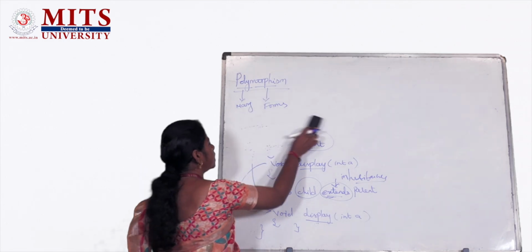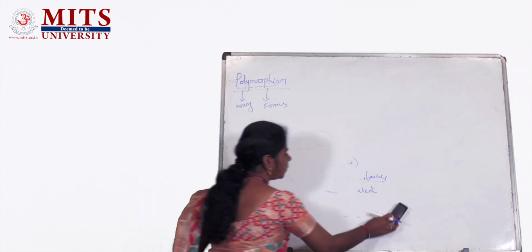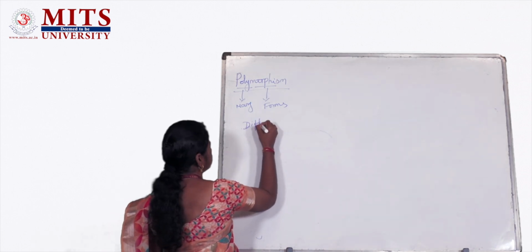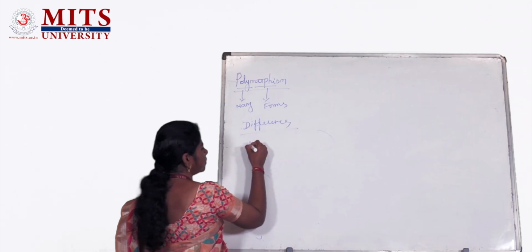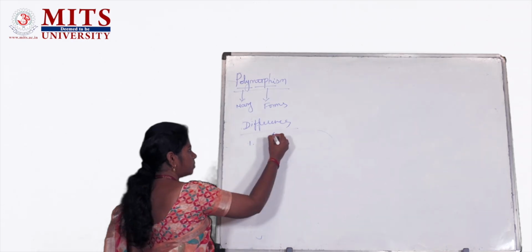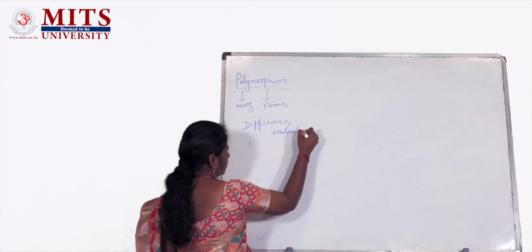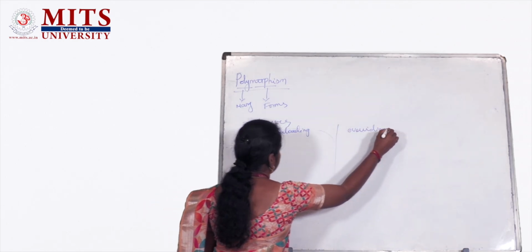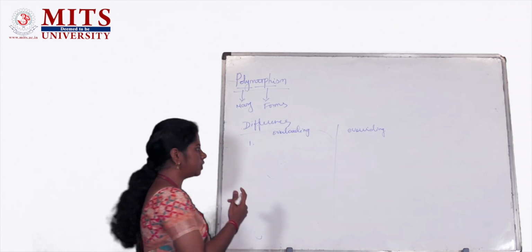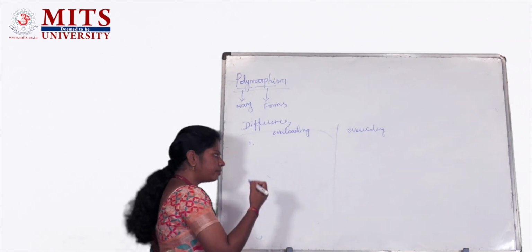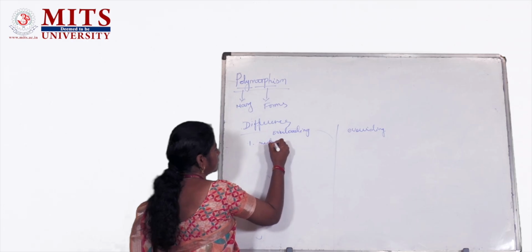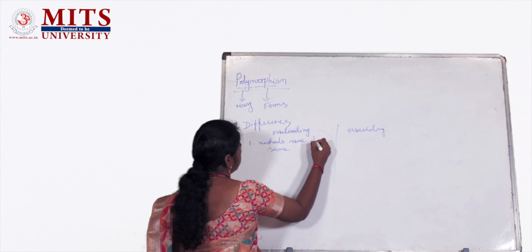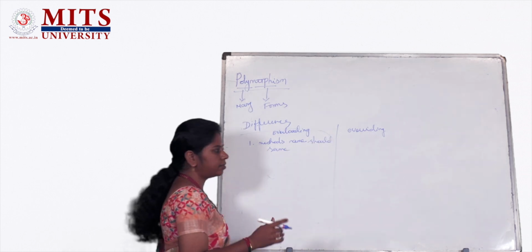Let's see the major differences between method overloading and method overriding. The first difference: in overloading, we should have multiple methods with the same name, so the method name should be the same.